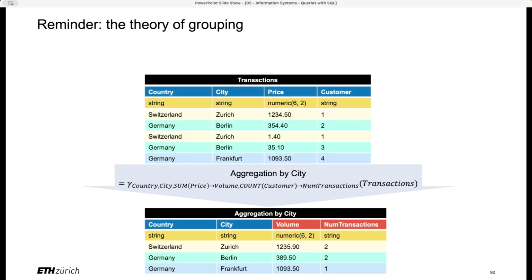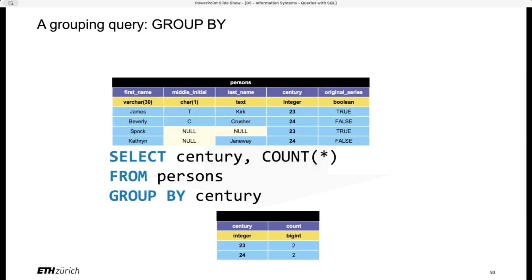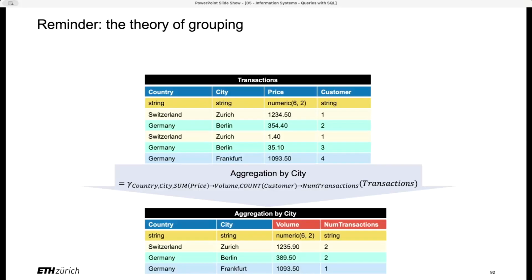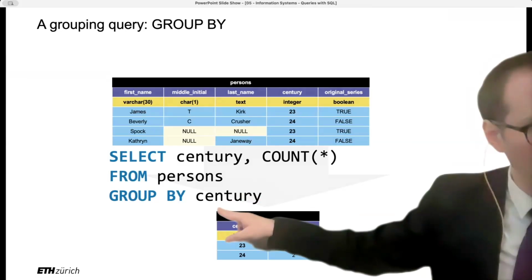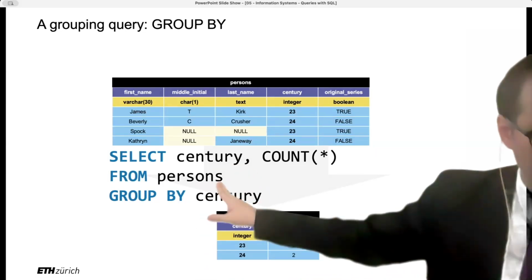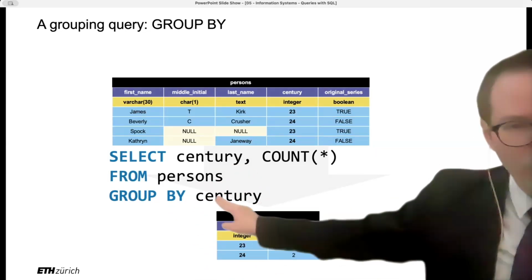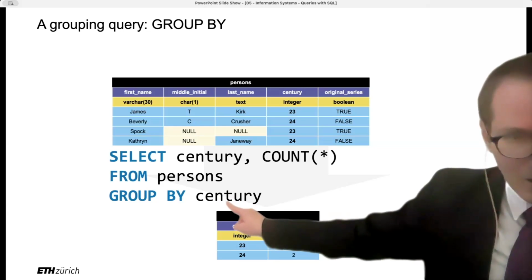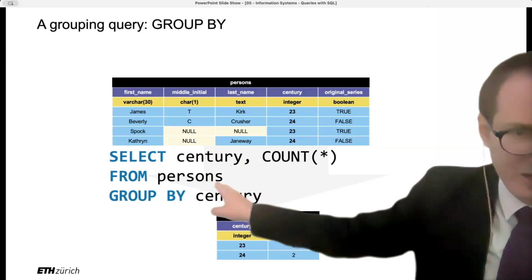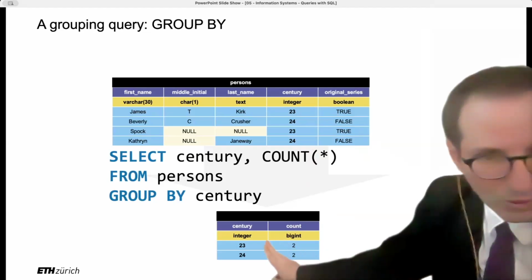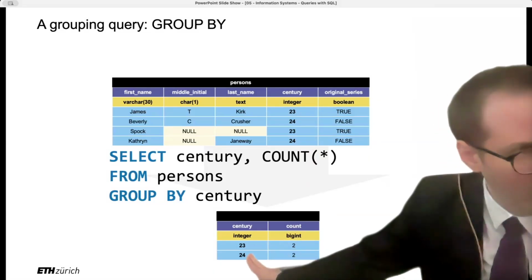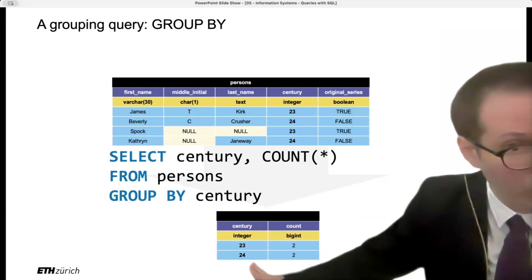That is an aggregation. And in SQL, we use group by to do that. And these 2 keys that you see, country and city, we just put them in the group by. In that case, instead of country and city, I'm using century. So I group by century. And then, of course, I want to output the century. So how many distinct centuries are there? 23 and 24, right? So here I have 23 and 24, 1 output record for every group.